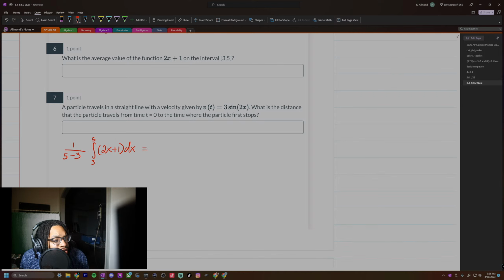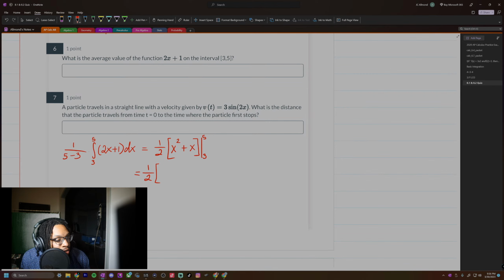So 5 minus 3 is 2, so 1 over 2 times the integral of 2x plus 1. That'll be 2 times x squared over 2, which will just be x squared plus x, from 3 to 5. Easy.